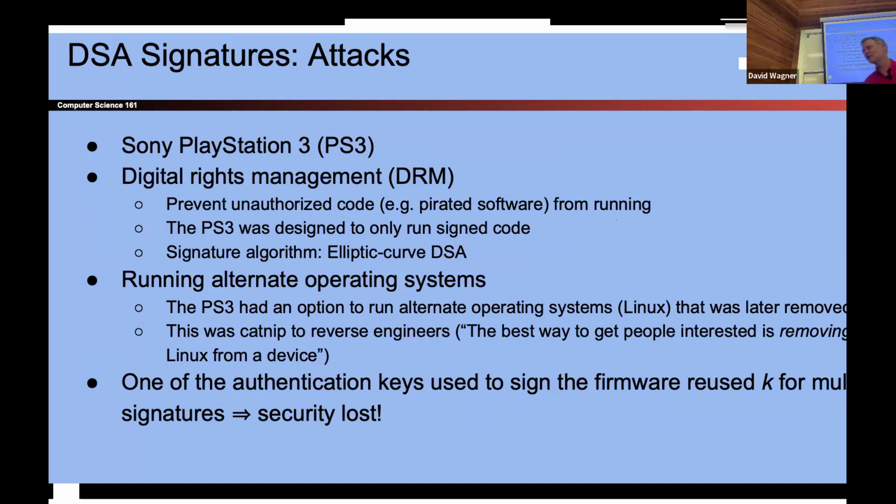And if you look at the history of successful attacks against digital signature schemes, essentially all of them were not attacking the math, but were making use of some implementation bug. And in the case of DSA, one really common implementation bug is not generating this value K randomly.